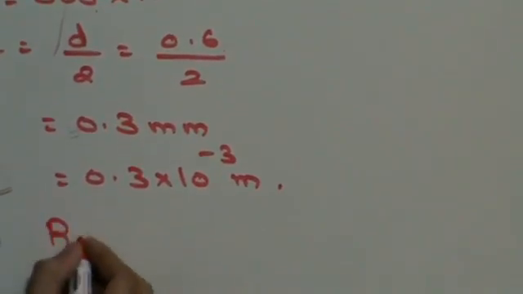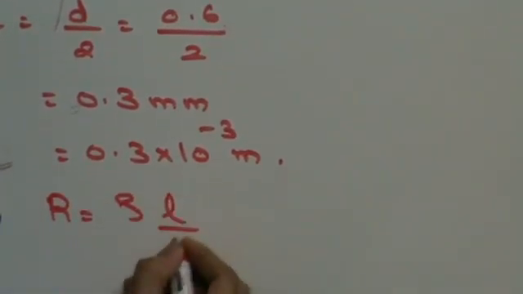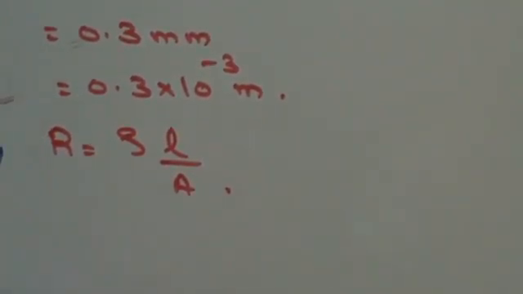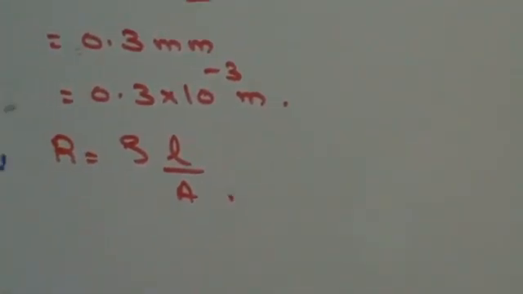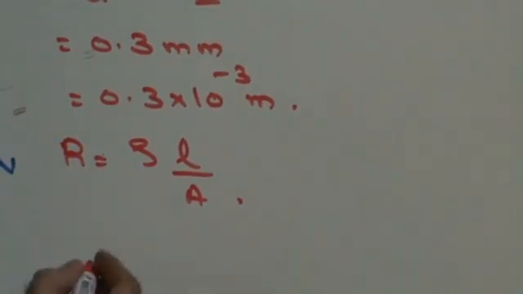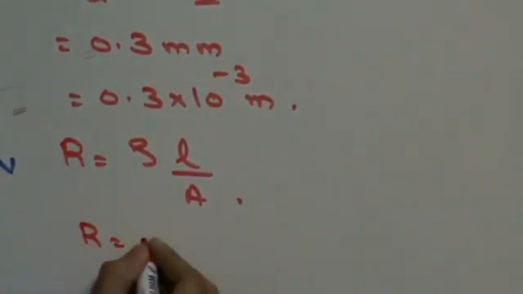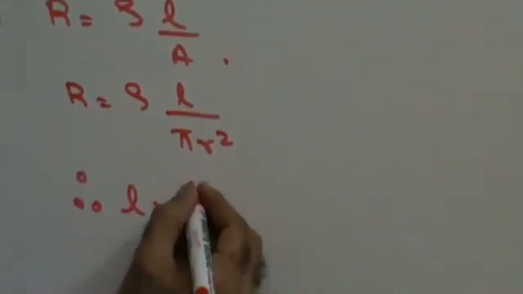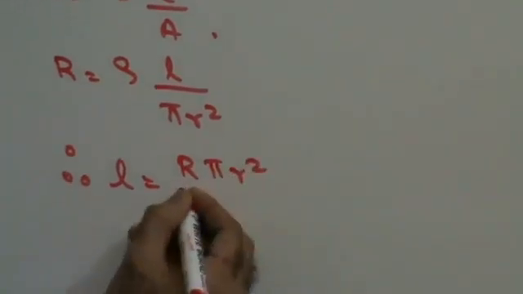Now I can use the formula R is equal to rho L by A. They have asked you to find out the length of the conductor. Where A stands for the cross-sectional area. Cross-sectional area of the wire is going to be a circle. So you will get R is equal to rho L upon pi r square. Therefore I can say L is R pi r square upon rho.